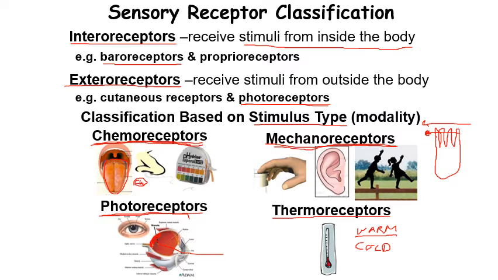When you touch ice cold water, that would activate the cold receptors. Okay. And lastly, there is one stimulus that is not located here, and that would be nociceptors. We know what the stimulus is for nociceptors. Those are the receptors for pain.